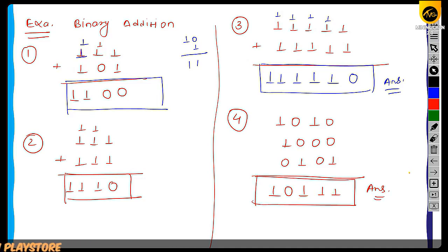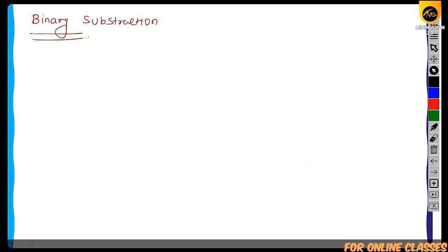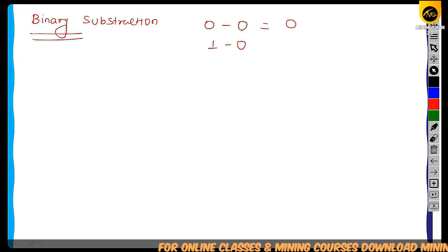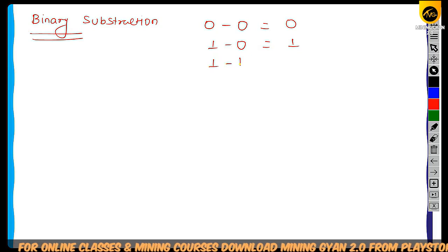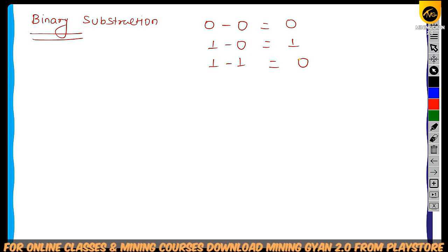Okay, the next thing is subtraction, or binary subtraction. The rules of subtraction are: 0 minus 0 will become 0, obviously. Now 1 minus 0 is 1. And 1 minus 1 will become 0.